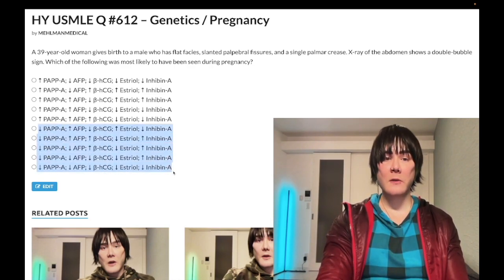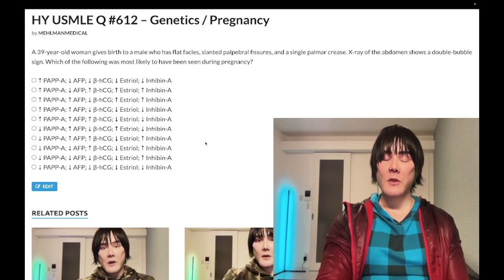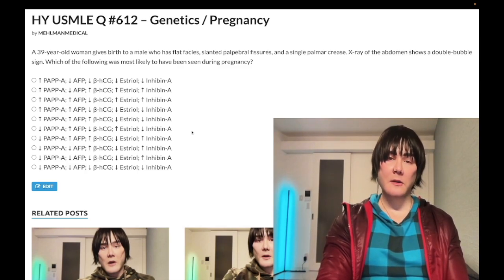So we're looking at only these bottom answers. Now we say, well, what about AFP, beta HCG, estriol, inhibin A? I'm going to tell you a very easy way to remember these. There's two ways you can remember. The first is the ones that have the H's are increased.